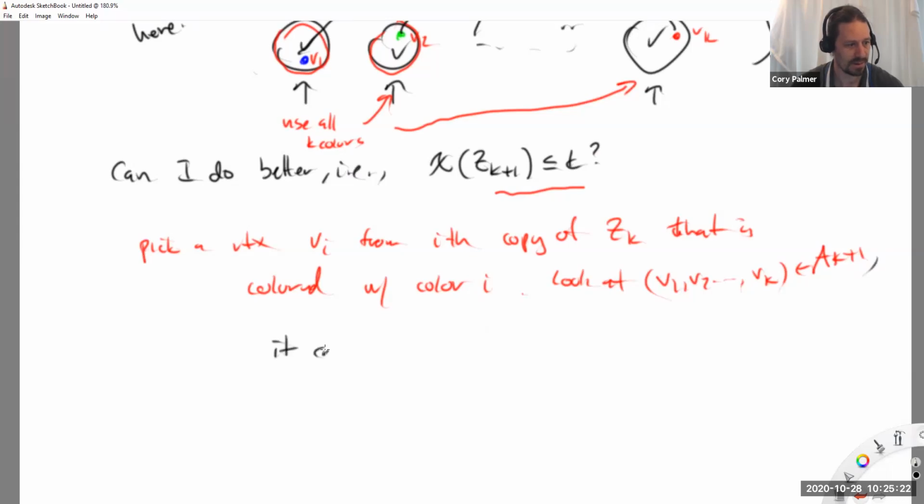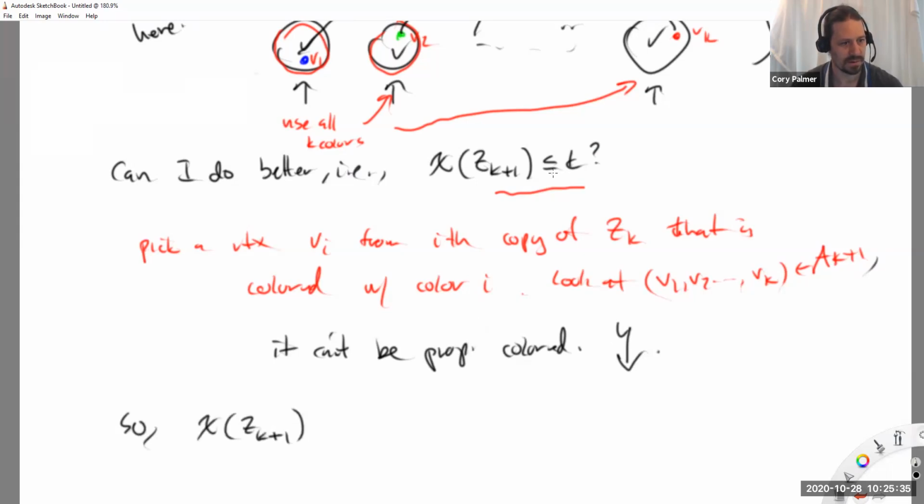It can't be properly colored, which is a contradiction. So the chromatic number of Z_{k+1} is not less than or equal to k, it's greater than or equal to k+1, but we already showed it's at most k+1 by producing a coloring, so the chromatic number of the Zykov graph for k+1 is k+1.